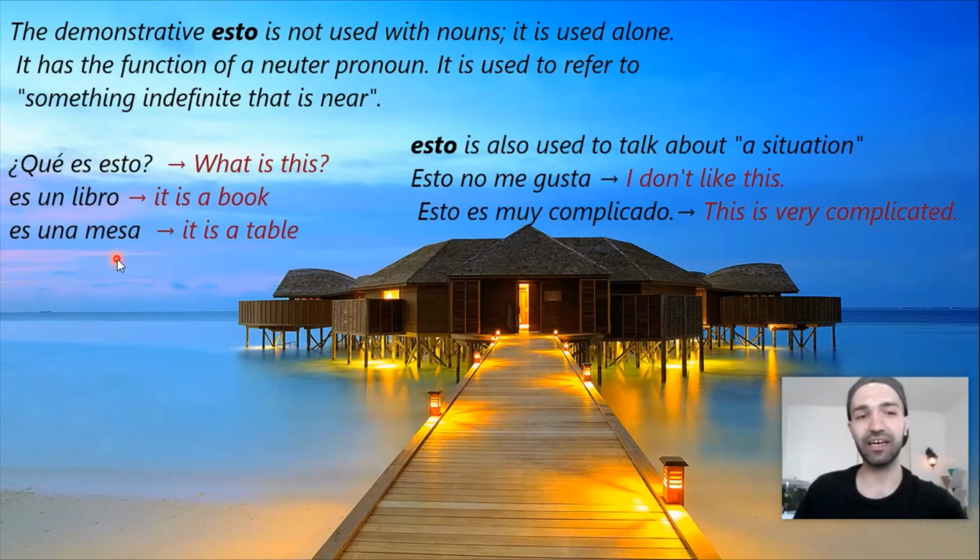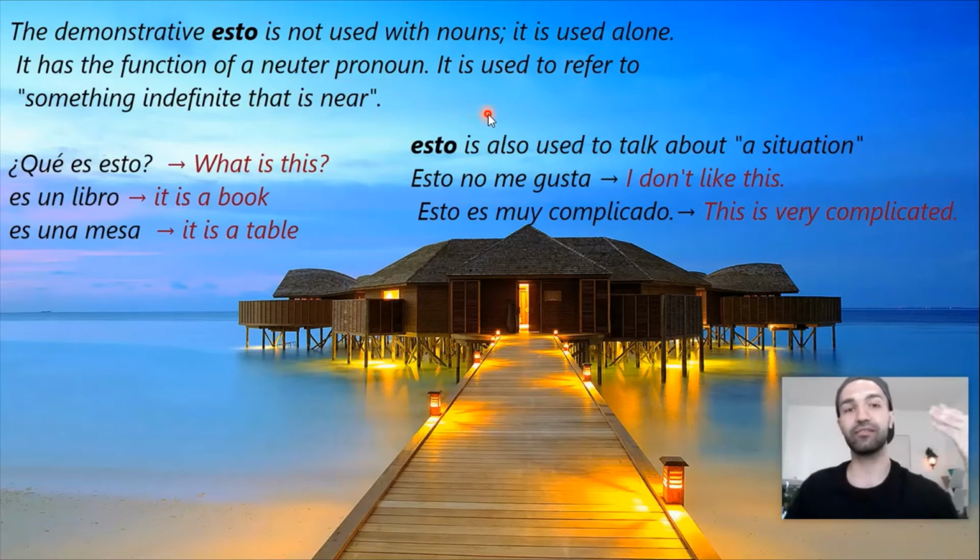Es una mesa, it's a table. Or esto es una mesa, it's a table. As you notice here, un libro masculine, una mesa feminine, but we can say esto es un libro, esto es una mesa, because esto is a neuter pronoun that we can use to speak about something masculine or something feminine.